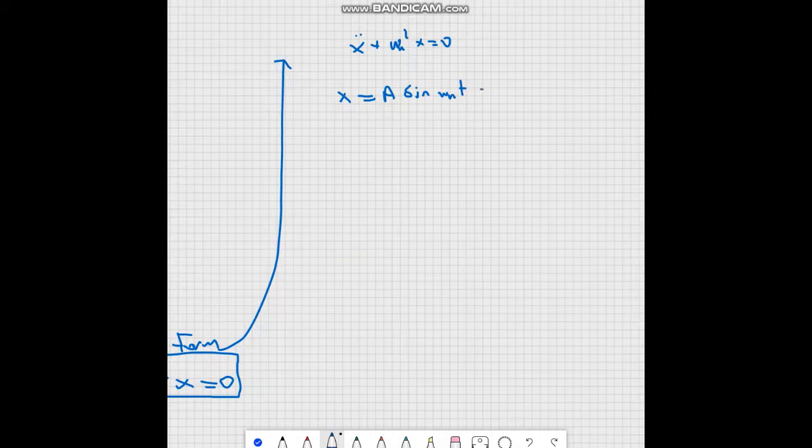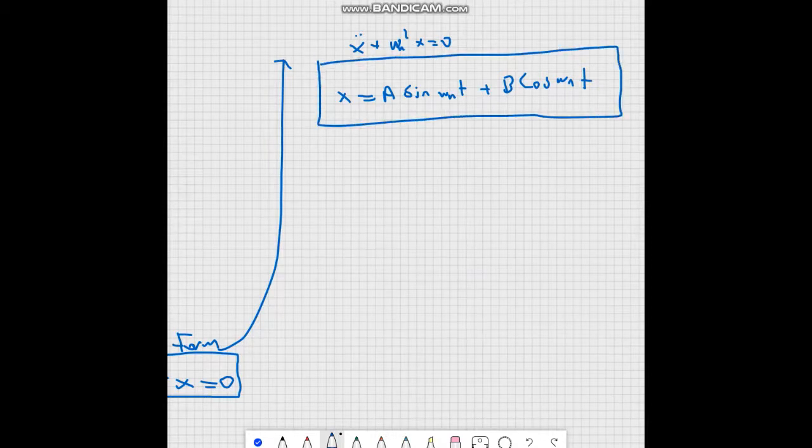plus b cosine omega n t. So this is the solution of this ordinary differential equation, and depending on the boundary conditions or the initial conditions, we can solve this kind of question, right?